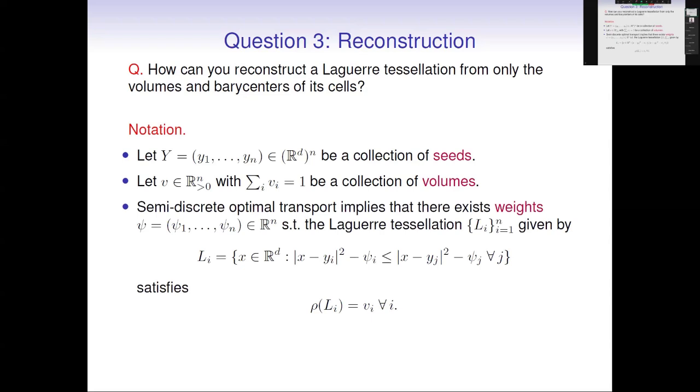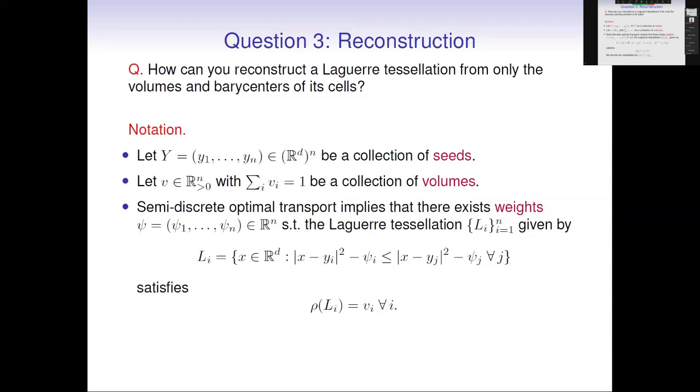And semi-discrete transport tells us, repeating what we had earlier, you can always find real-valued weights such that if you take the Laguerre tessellation using these seeds and these weights, which is defined by this formula, then the cells have the volumes V_i. So if you just give me the volumes, I can always find the Laguerre tessellation that has cells of the right volume. No barycentres here for that. And that's always possible.